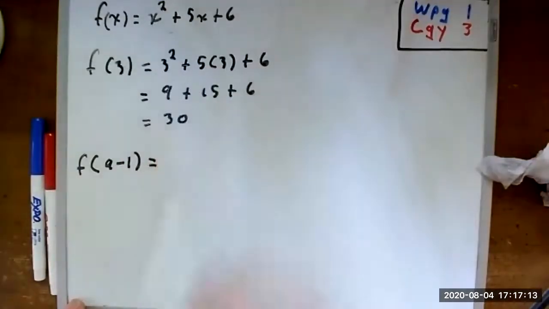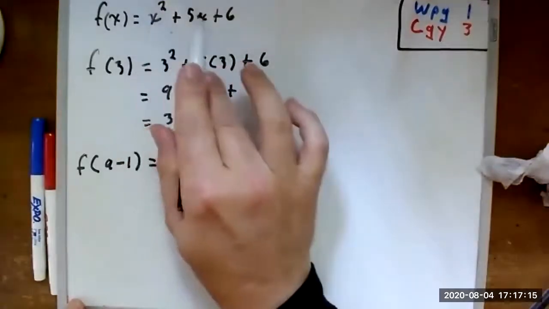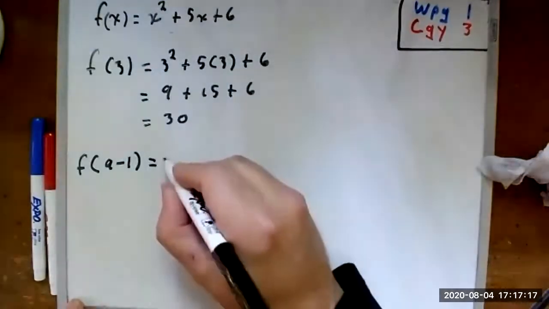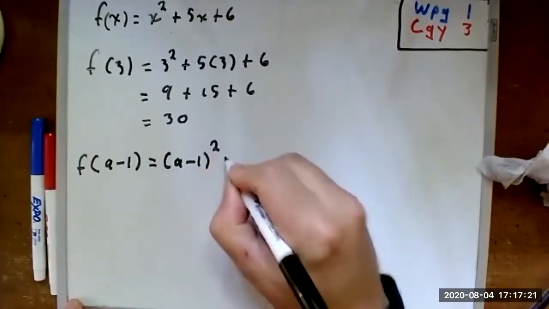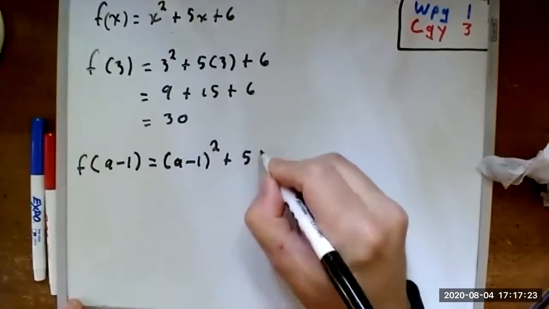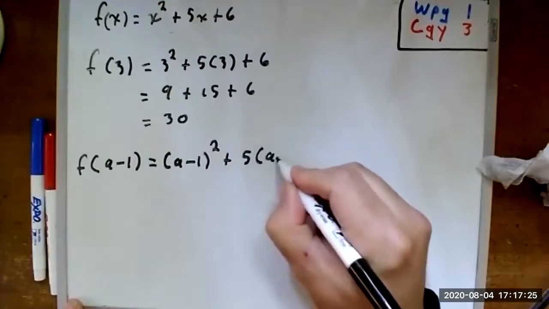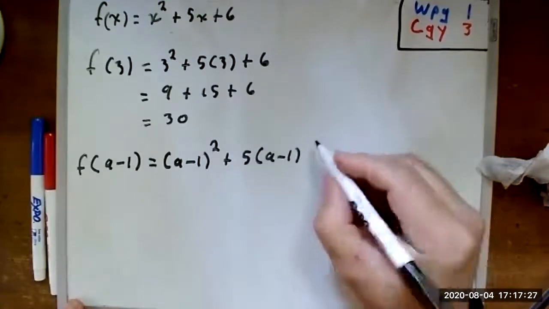If we were then asked to evaluate f of a minus 1, the same rules apply. Whereas we replaced x with 3 in this equation, now I'm going to replace my x's with a minus 1.